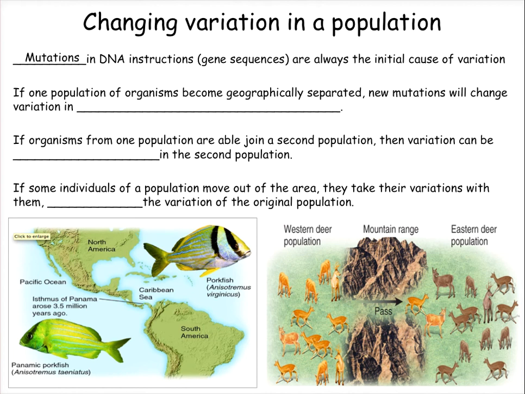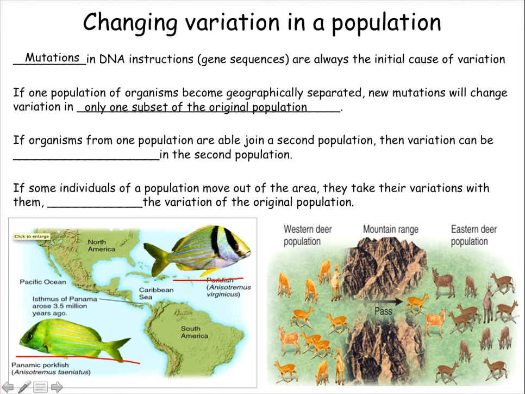However, because these fish have been geographically separated, the types of variation in color, shape, and size that we see in this Caribbean population have not been shared with this Pacific population. You can see that over time, since they have been separated, variations have collected in these subpopulations separately.